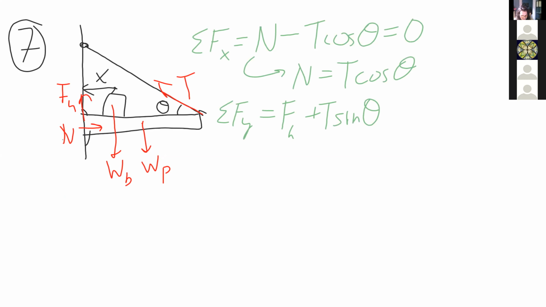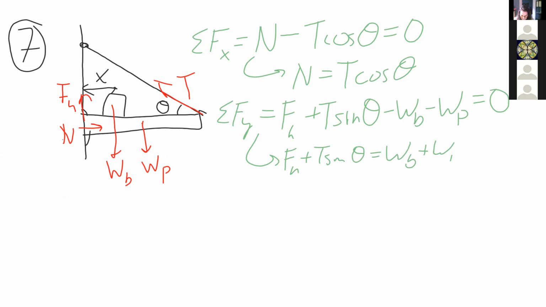And then acting downward are our two weights. So we have minus the weight of the block minus the weight of the plank. Together this will all be equal to 0. And we could rewrite this if we wanted to as F hinge plus T sine theta has to be equal to weight of the block plus weight of the plank.